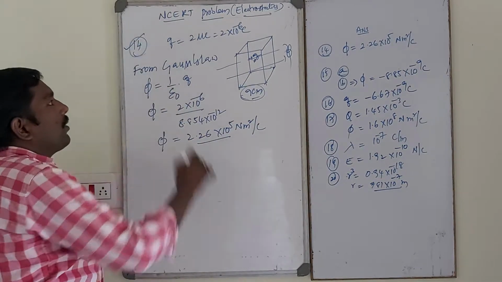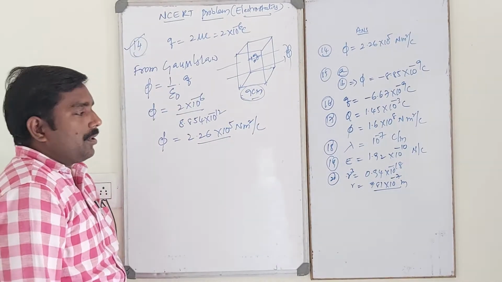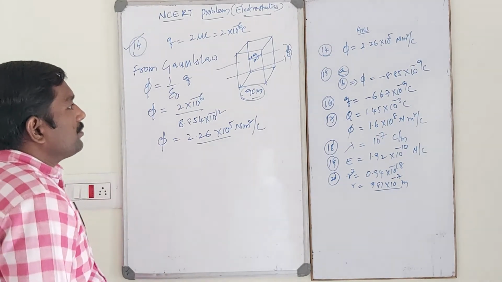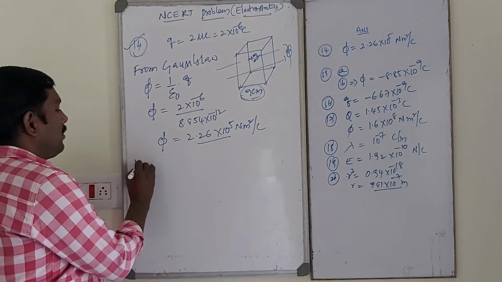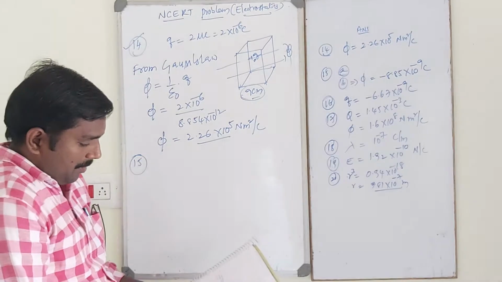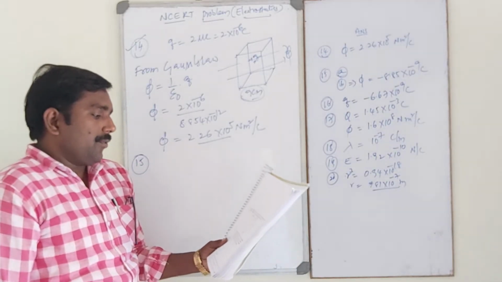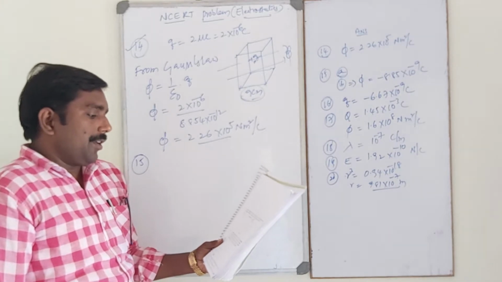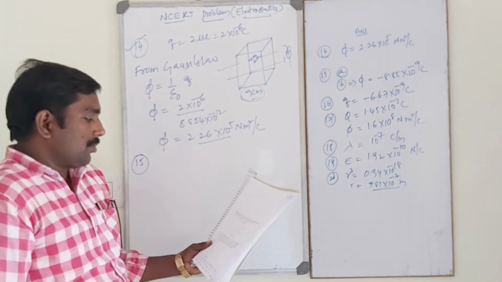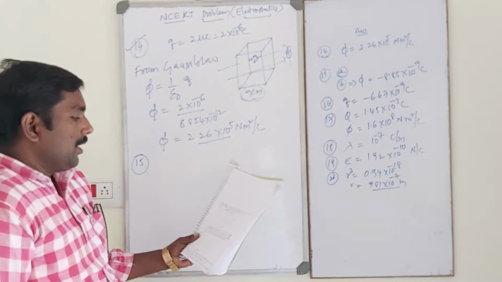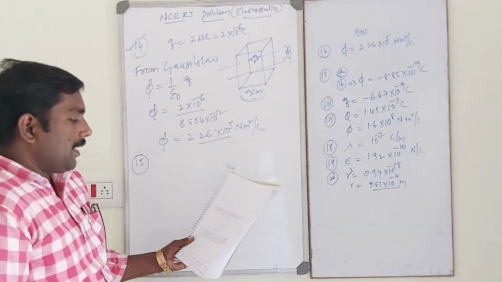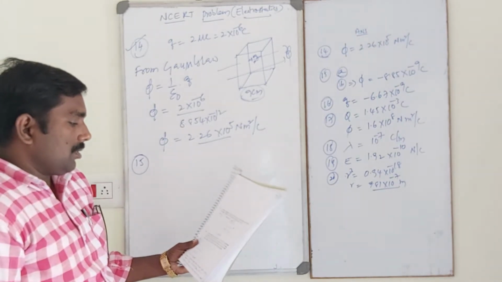This is problem number 14. Now problem number 15. A point charge causes an electric flux of minus 1.0 into 10 power 3 Newton meter square per Coulomb to pass through the spherical Gaussian surface of 10 centimeter radius centered on the charge.